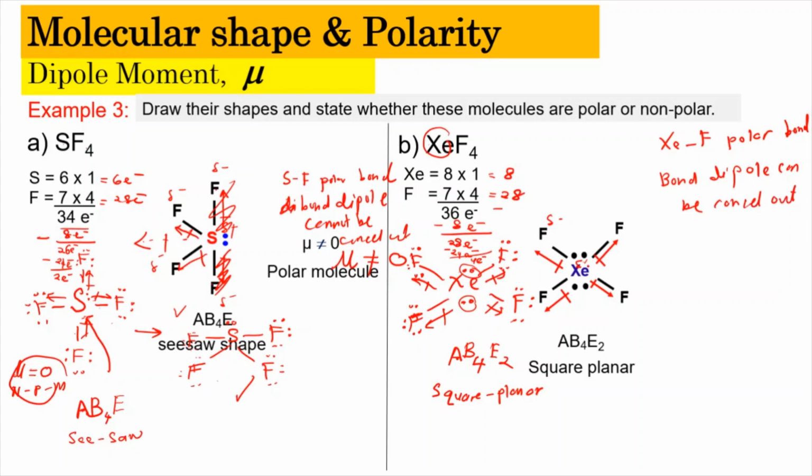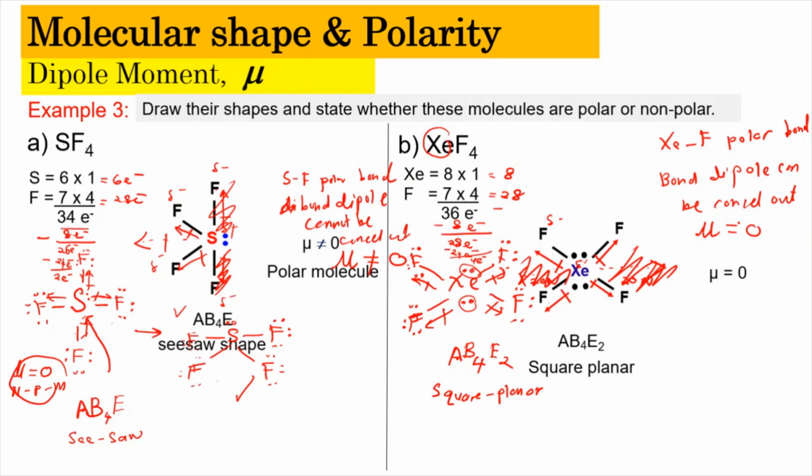Kenapa? Because when we have this bond dipole on this angle here, and then we have another bond dipole on this angle here, it's going to create a bond dipole on the right hand side. Similarly, on the left hand side, we can create it this way. So let's say if you have 20 Newton here, and then you have 20 Newton here, this force and this force can be cancelled out, and hence you can say that your mu is equal to 0.